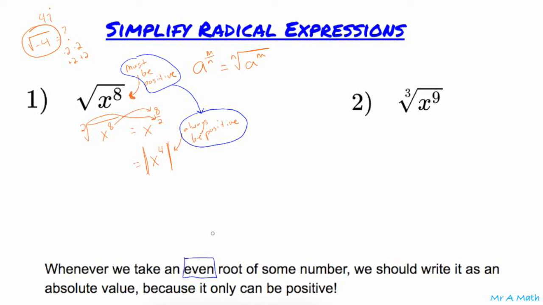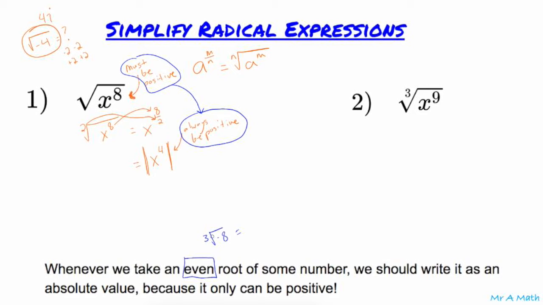Well, let's think about if I were to take an odd root, like the third root of, let's say, negative 8. If I have a third root, an odd numbered root, like 3 or 5, it could be the fifth root of negative 8, it could be the seventh root of negative 8, whatever it is, this could be a negative number.